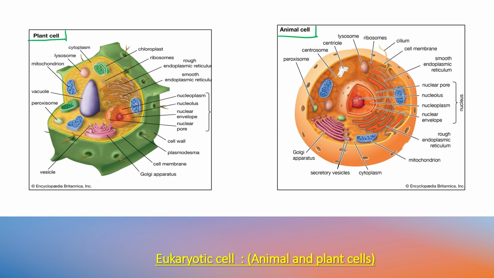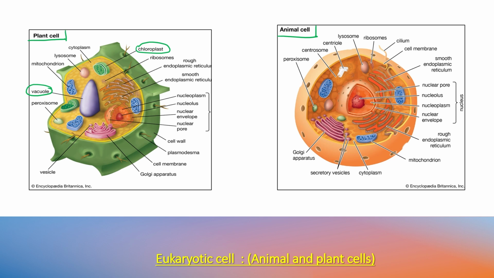If we compare this plant cell with this animal cell, you can see a lot of differences. This plant cell is green in color. Why is it green? Because of the presence of chloroplasts. Are chloroplasts present in animal cells? No. This plant cell has a big central vacuole. Is it present in animal cells?